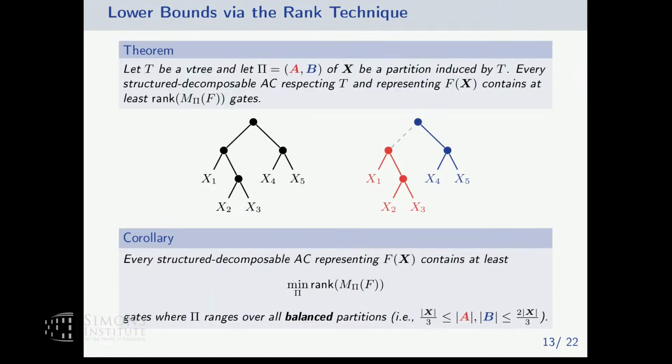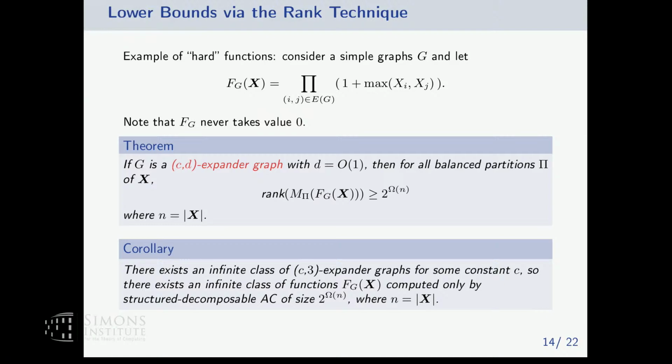Okay, so now our goal is to find the functions for which this thing is exponential in the number of variables. And, well, we found some. So this is an example of a hard function. This function will have some underlying graph, a simple graph, no parallel edge, no directed loop, call it G. And we have this thing.